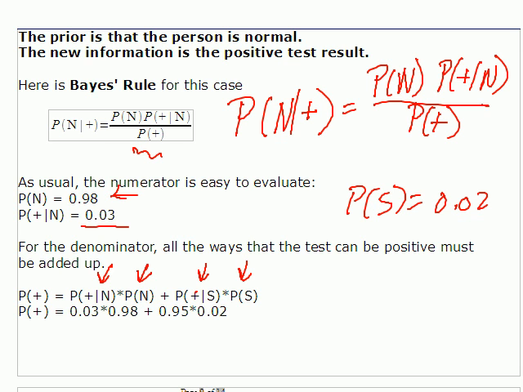So let's work on that. There was a 3% chance that a normal person would have a positive test result, 98% chance a person was normal, a 95% chance that the schizophrenic person would have a positive result times the 2% chance the person was schizophrenic. This is going to go in the denominator.